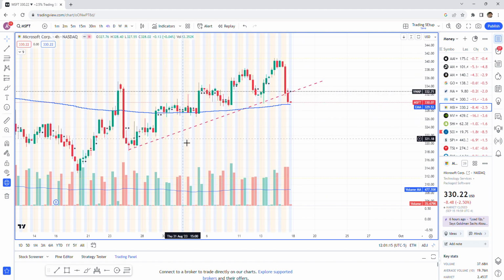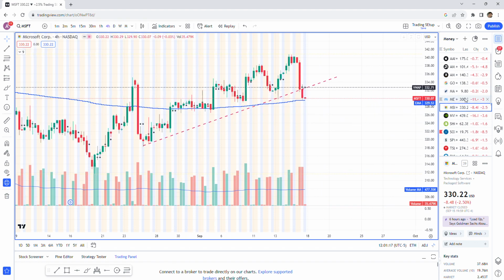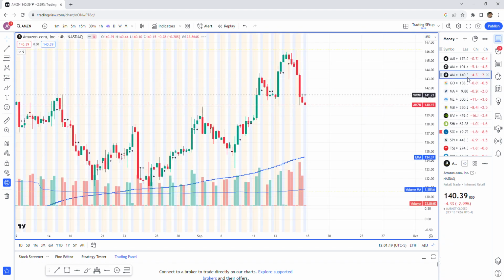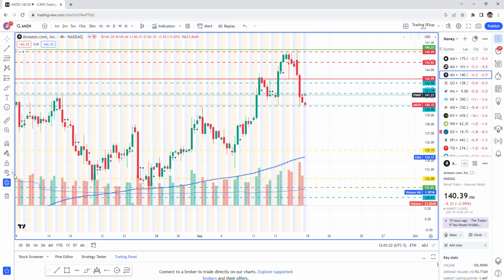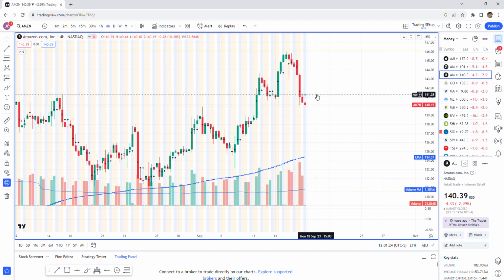Alright, so let's go to another stock and do the same thing. Let's go to Amazon. Let me clear my Amazon chart real quick. Alright, Amazon, let's talk about finding support. We said support needs 3 touches, and it's a level that hasn't been broken. Things are going to the downside, it just won't break it.